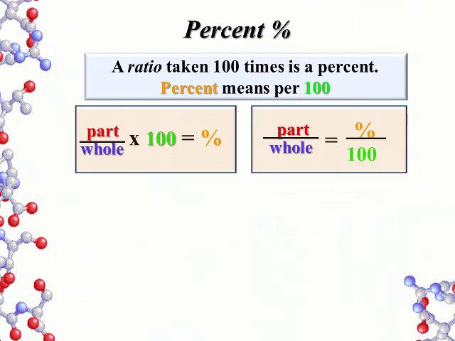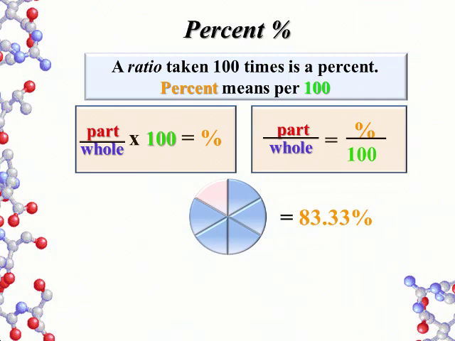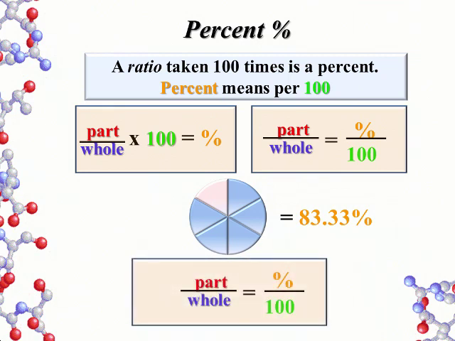Sometimes the percent is known and the ratio needs to be found. Take this pie. 83.33% of the pie is blue. What's the ratio? Here we use the other representation of the percent equation. Plugging in 83.33 into percent, producing an equation that needs only division to be complete.